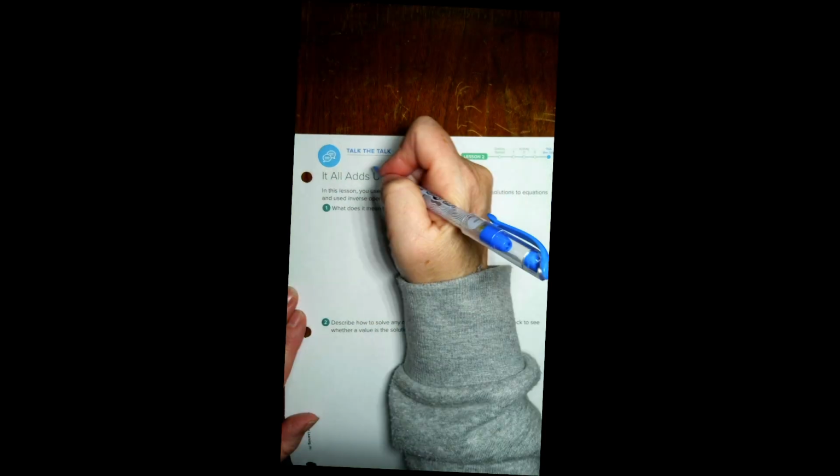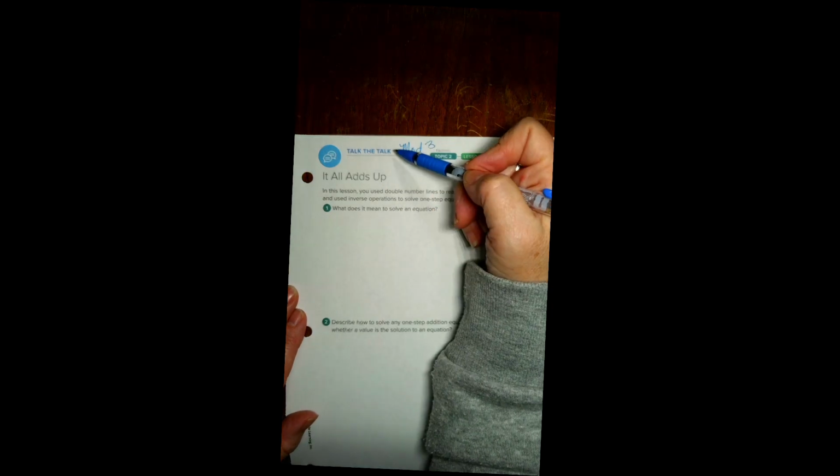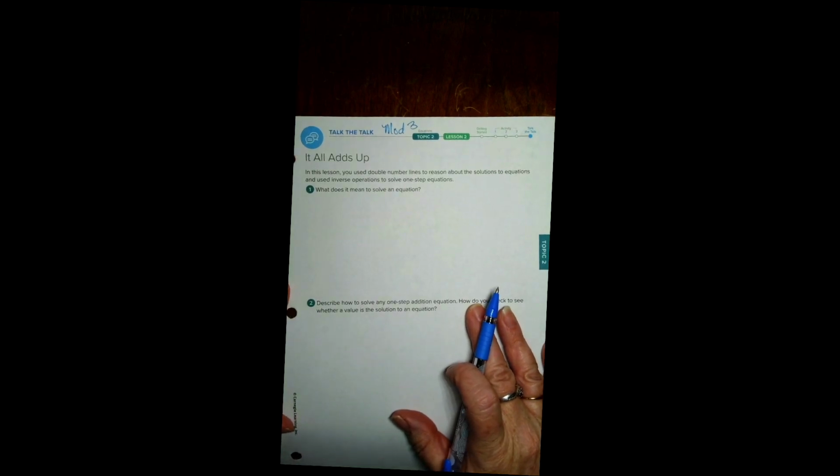Okay, so we are going to wrap up our Module 3, Topic 2, Lesson 2 in our Talk the Talk. It all adds up. It says, in this lesson, you used double number lines to reason about the solutions to equations and used inverse operations to solve one-step equations. What does it mean to solve an equation?